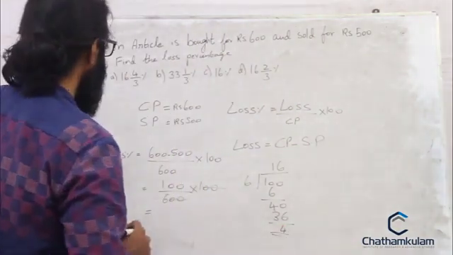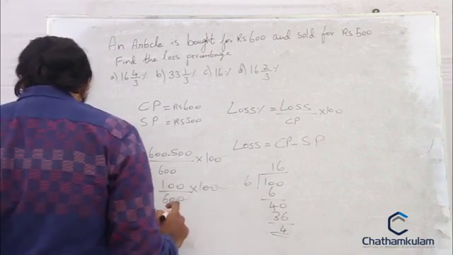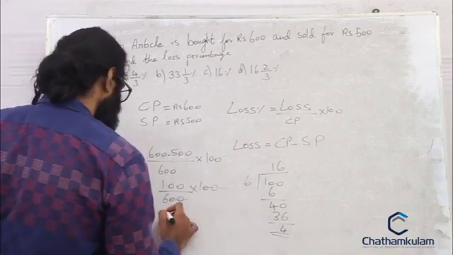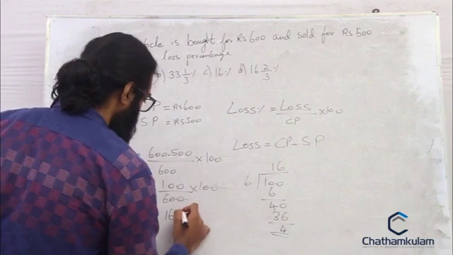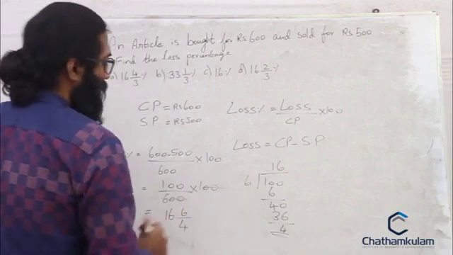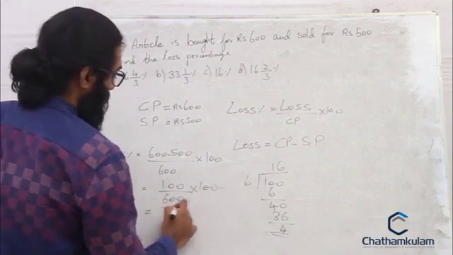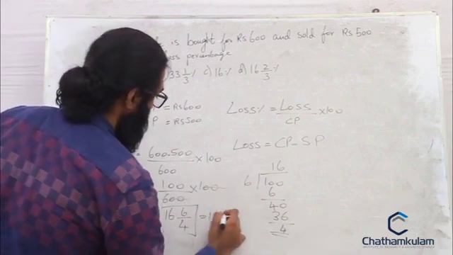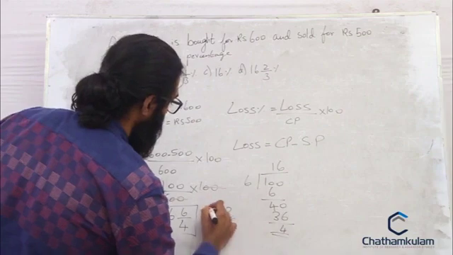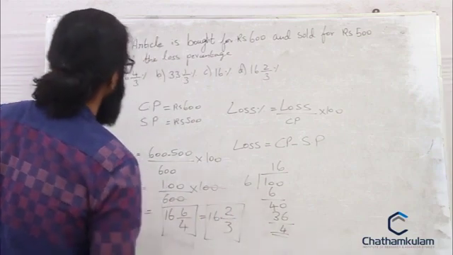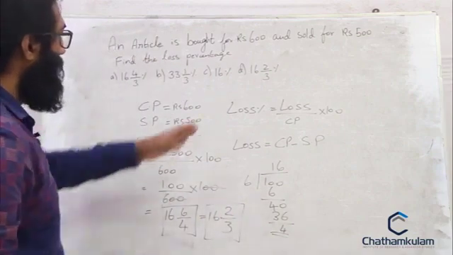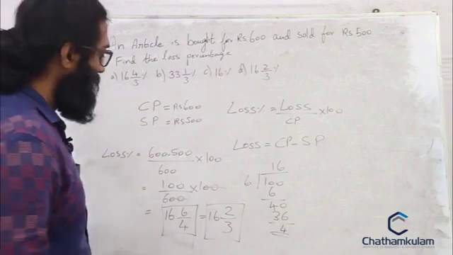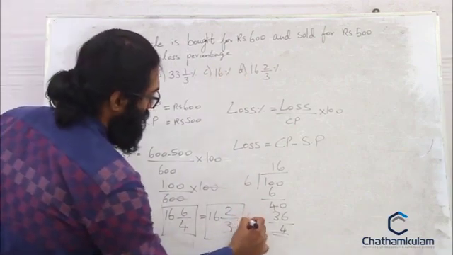So we can write this as 16 and 4 by 6 in the form of a mixed fraction. Right. We can just reduce this and write this as 16 2 by 3. So here D is the answer, 16 2 by 3 percent.